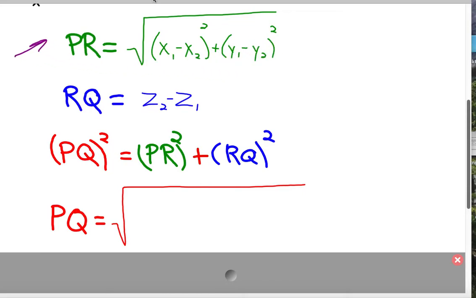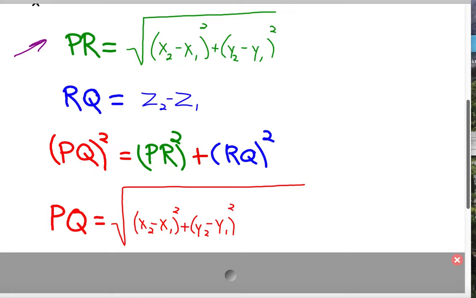Like I said, I think I'm going to switch the order of these subscripts, just so they're consistent with the z's. It doesn't matter because I'm squaring. So I'll say x2 minus x1, y2 minus y1. Okay. So PR squared is going to be x sub 2 minus x sub 1 quantity squared plus y sub 2 minus y sub 1 quantity squared.